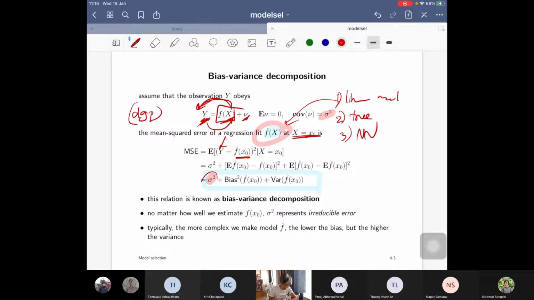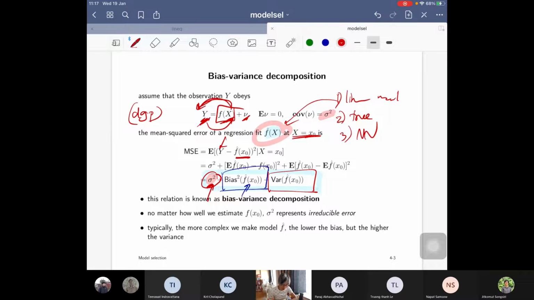There's going to be some positive threshold. This is the minimum, the best you can get for the mean square error. The second term is the bias of your model output, squared. The third term is the variance of your model output.